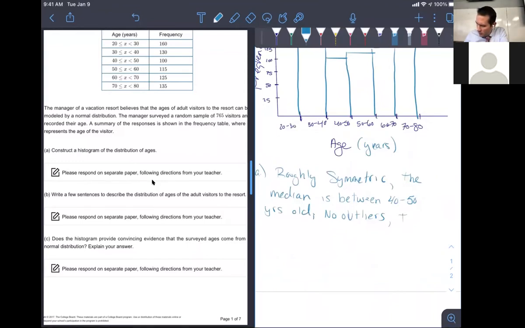The adult ages vary from a minimum of 20 to 30 to a maximum of 70 to 80.